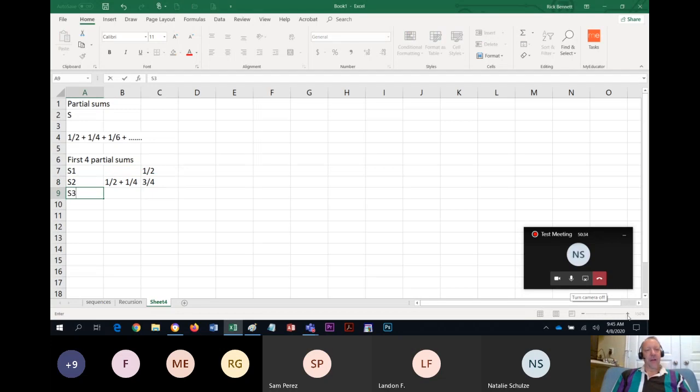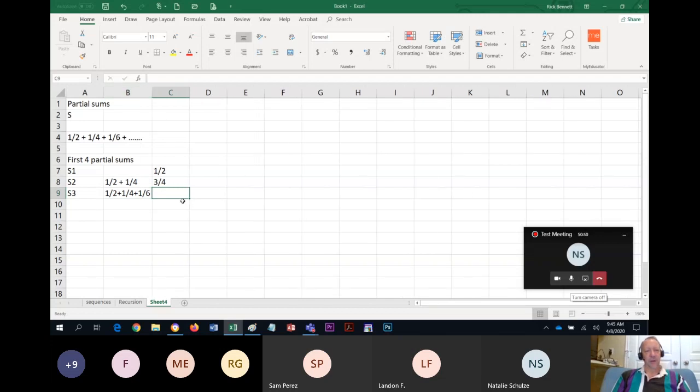S sub 3 would be the sum of the first 3 terms, so that would be 1/2 plus 1/4 plus 1/6. Now, we've probably got to turn everything into 12. So that would be 6/12 plus 3/12 plus 2/12.